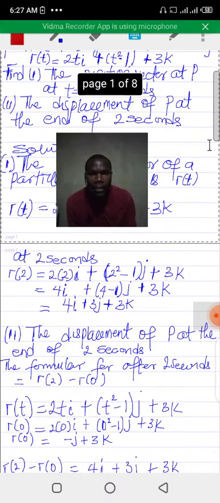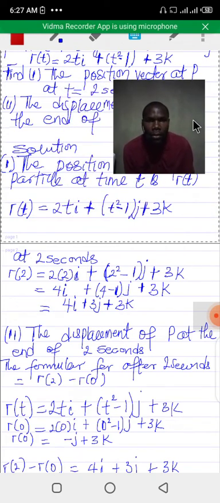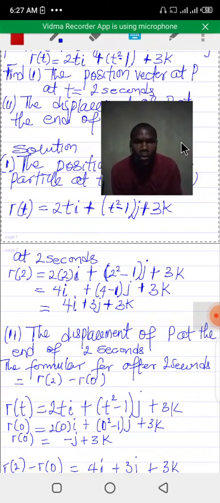Now we proceed. The time is 2 seconds. We are given r(t) to be this, and you just substitute the value of 2 wherever you see t.